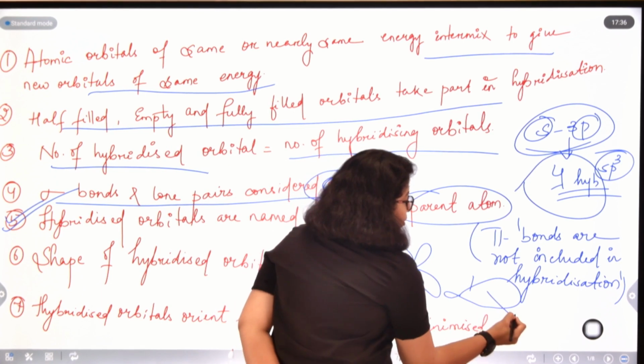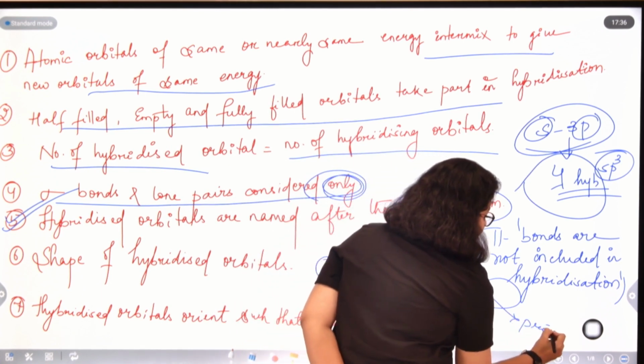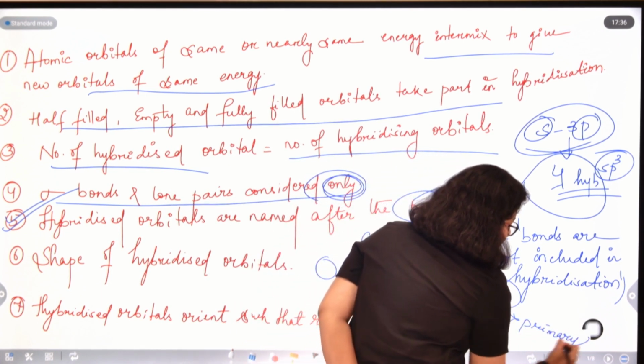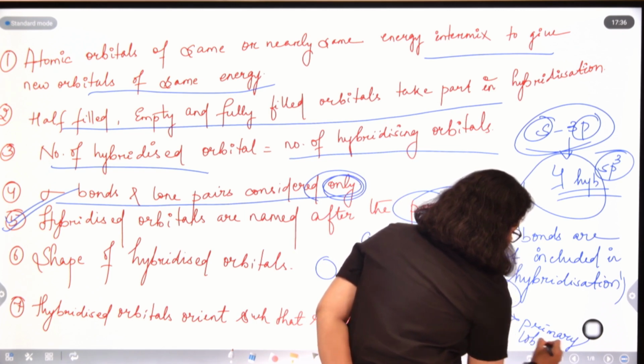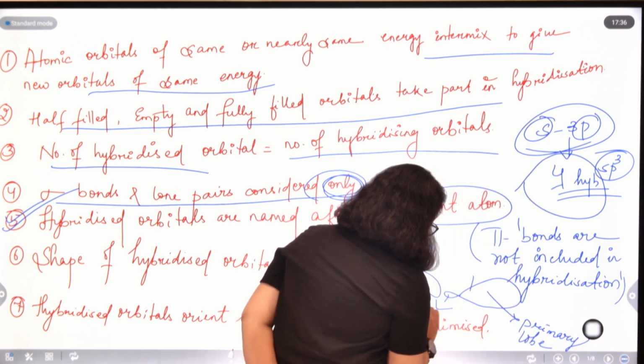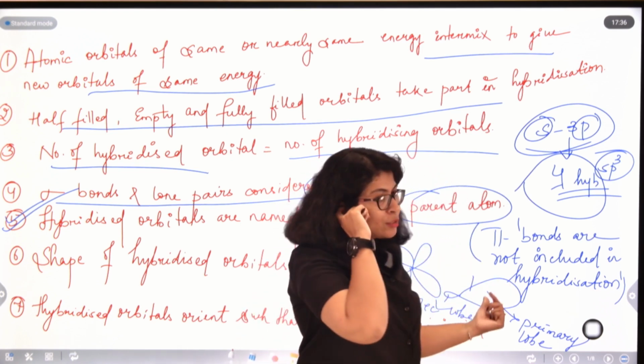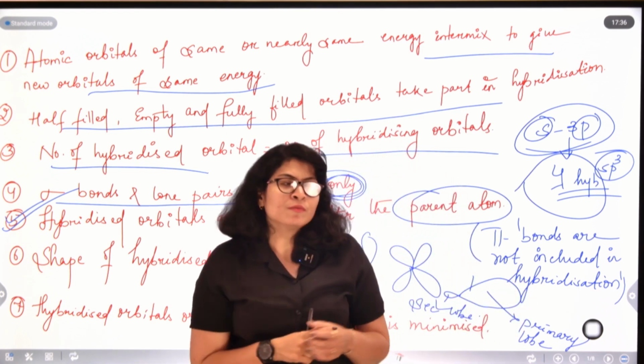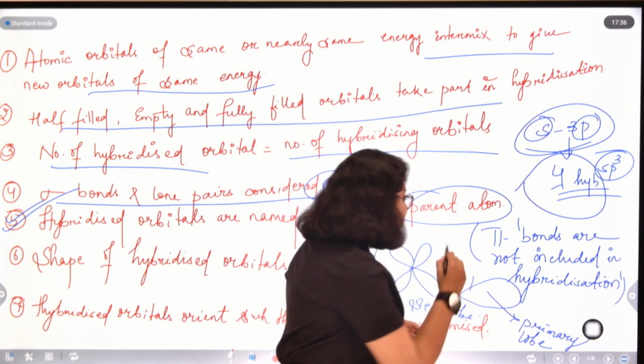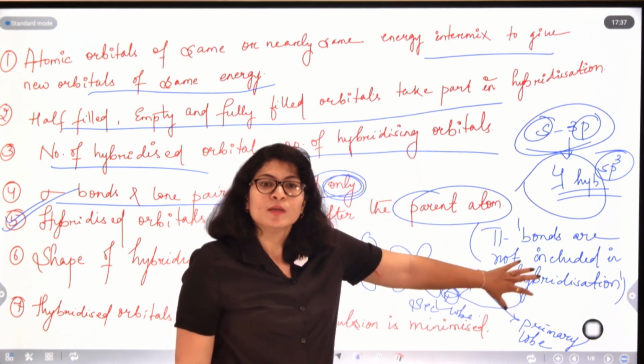This is the primary lobe, this is the secondary lobe. This is the bigger lobe and this is the smaller lobe. While drawing the structures, we usually omit this smaller lobe. We only take into consideration this bigger lobe.